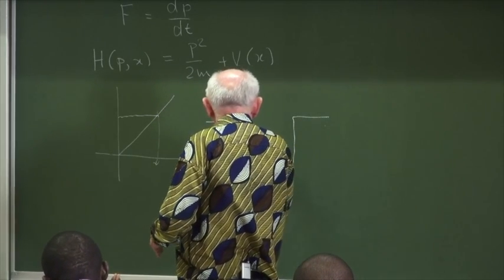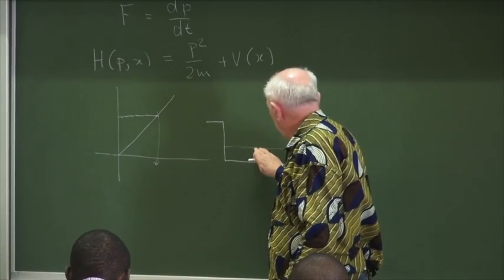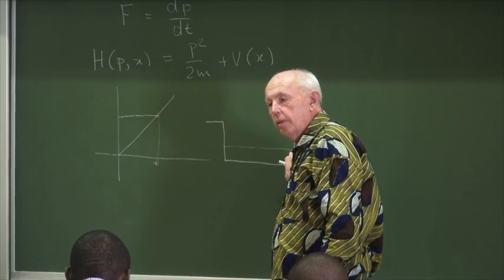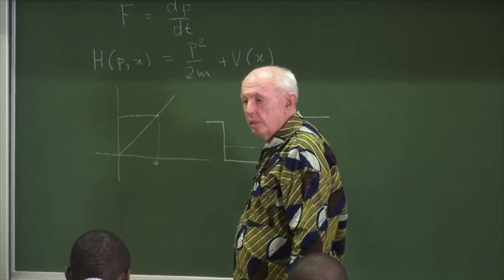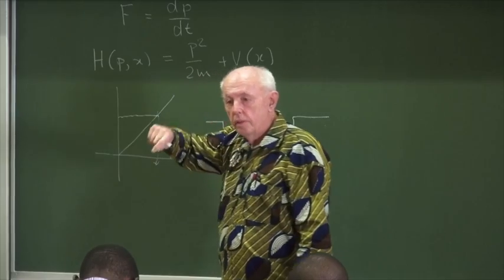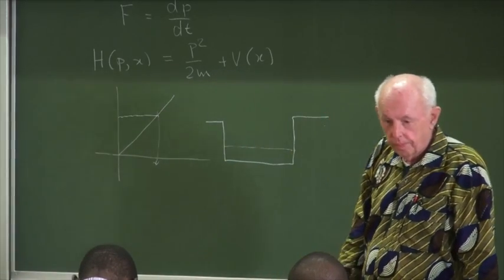The particle is in here in the box, and it goes forwards and backwards. It has no potential energy here. The only thing that happens is its momentum is reversed whenever it hits the wall, in the same way as the momentum of the ball is reversed when it hits the floor.